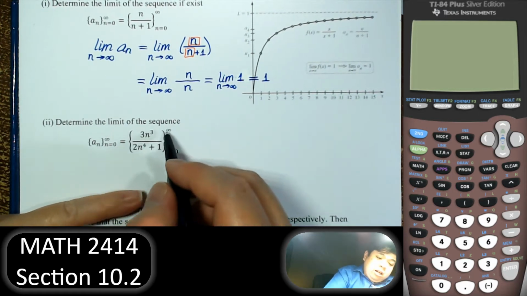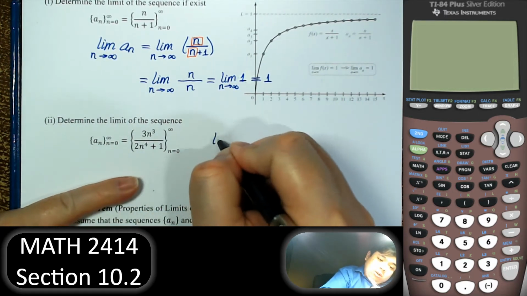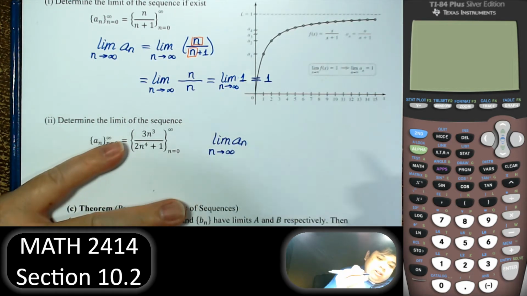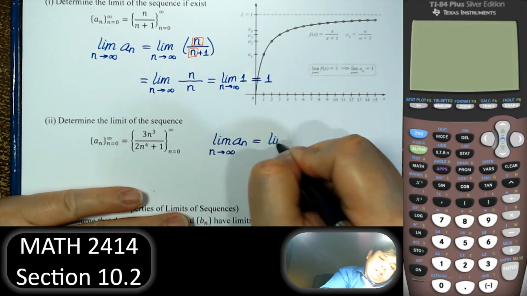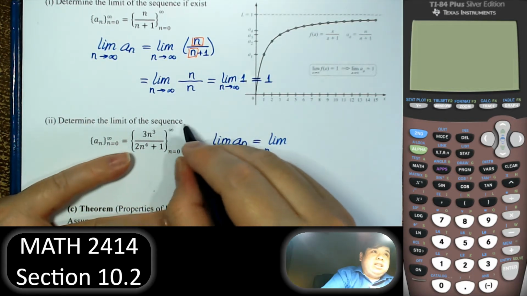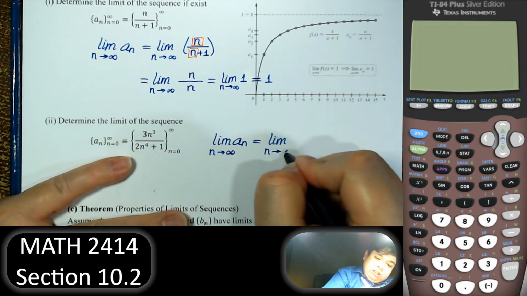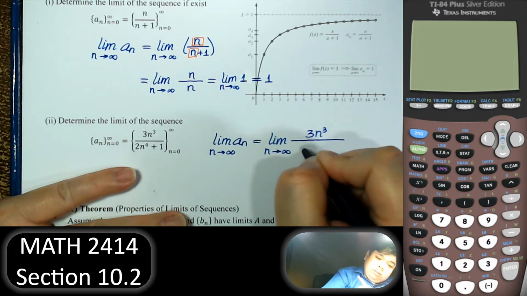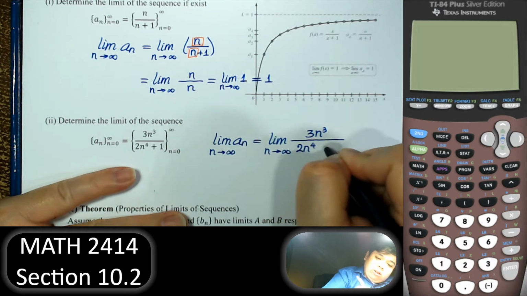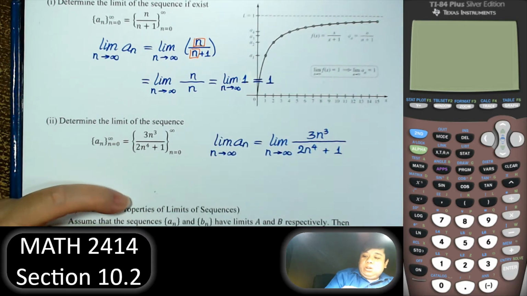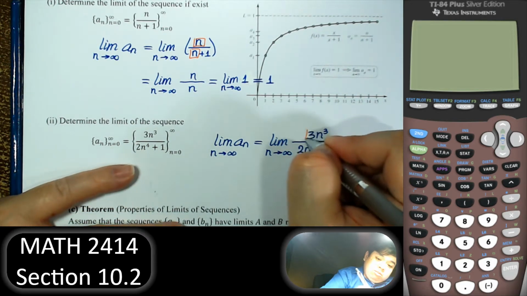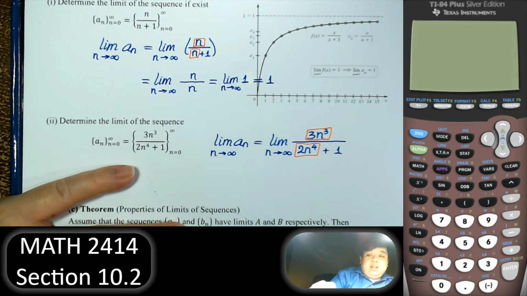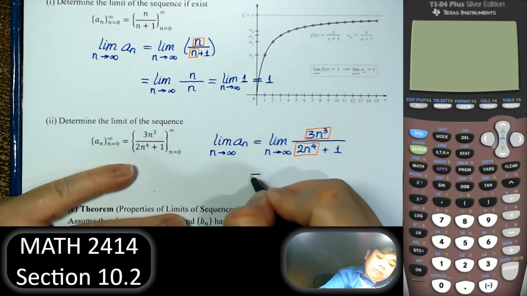Next, determine the limit of the sequence as n goes to infinity. We don't even say it when n goes to infinity here. So 3n cubed over 2n to the 4th plus 1. Similar to the last problem, we take the term with the highest power, the one with the highest power counts.